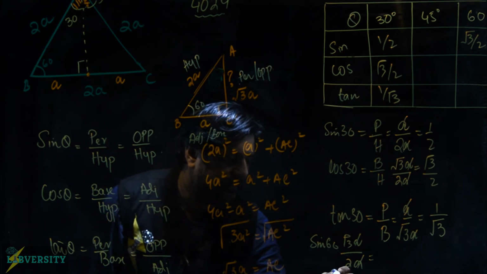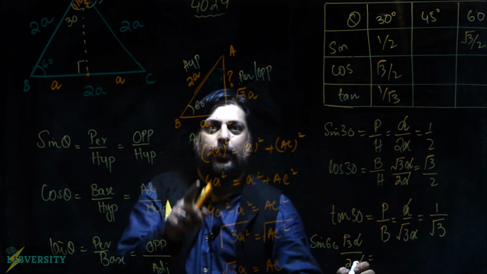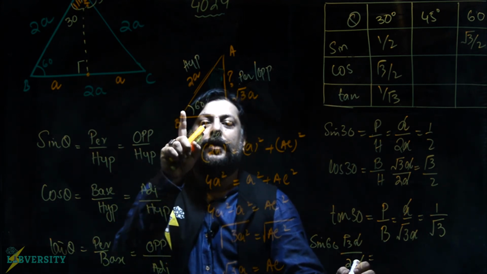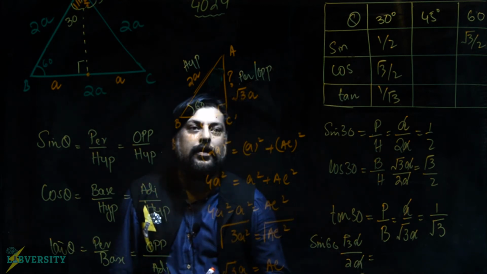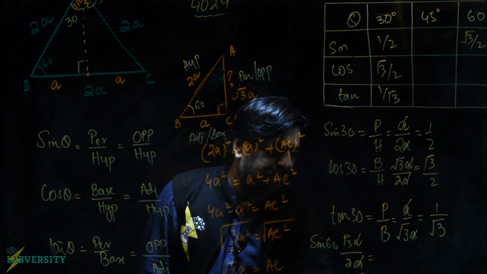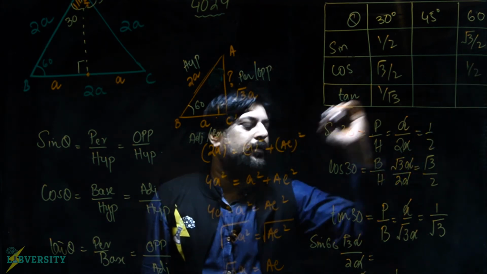Cos 60: base or adjacent A upon hypotenuse 2A, 1 upon 2.